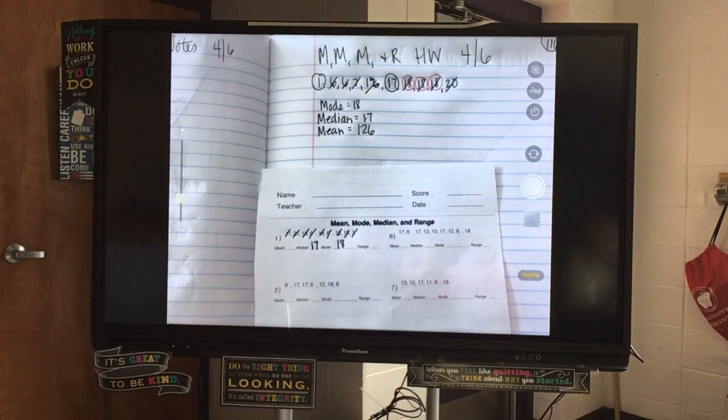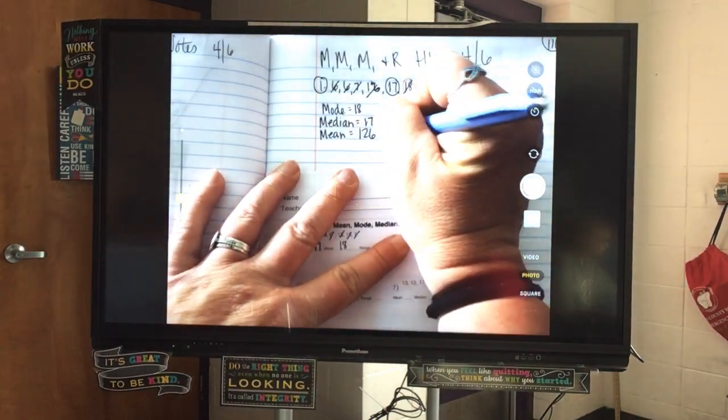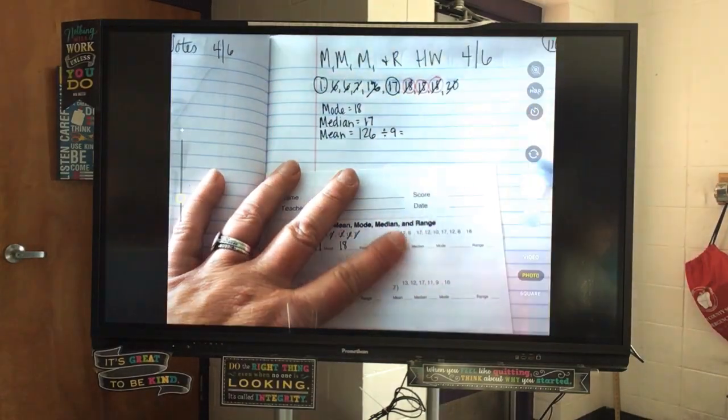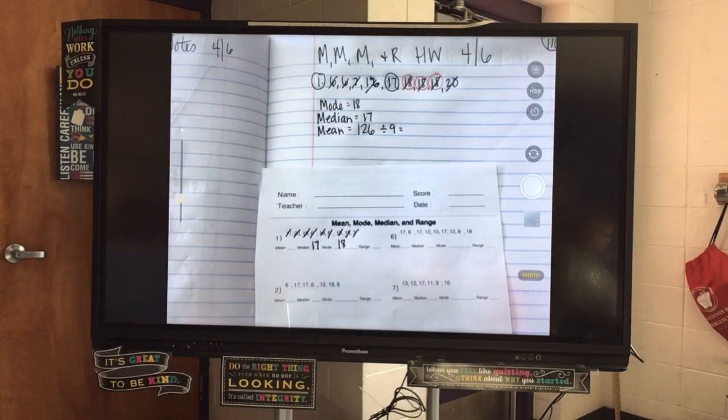Alright, so 126, then what do we do with 126? You divide it by how many numbers there are. And how many numbers do we have? 9? Yes, so we're gonna take 126, divide it by 9, and stand up when you get your answer.